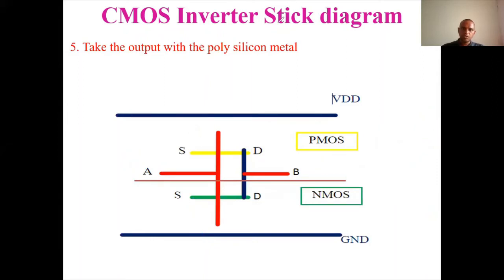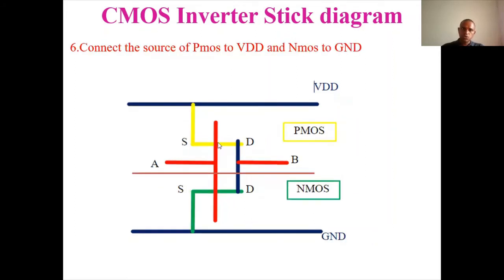To make a connection between the source of PMOS and VDD, and at the same time the source of NMOS and ground, we have to extend this source to VDD and this source to ground, that is, the NMOS source to ground and the PMOS source to VDD. So we have to make use of a contact cut between them.